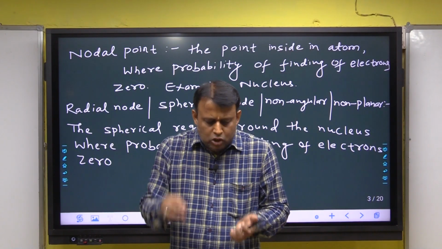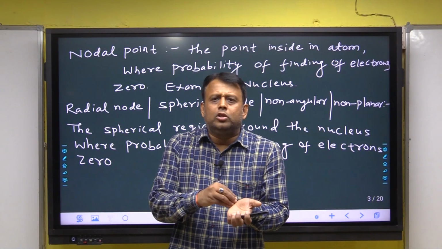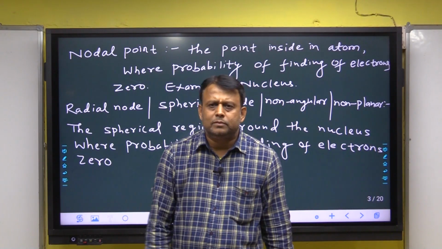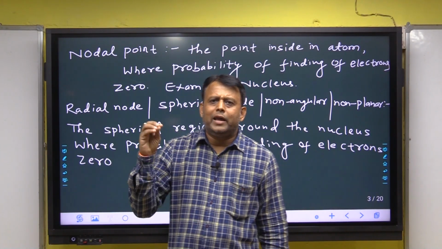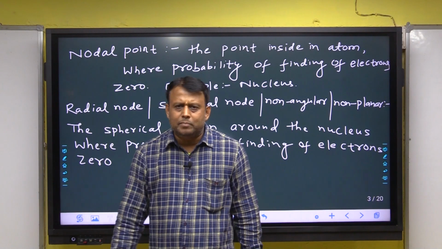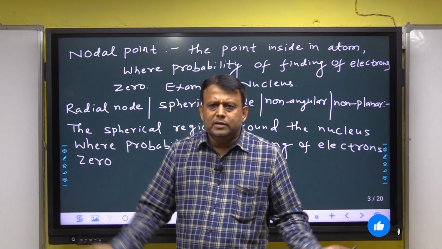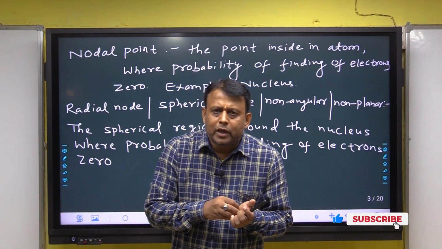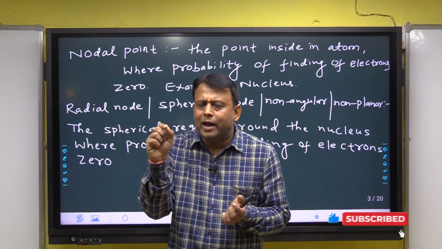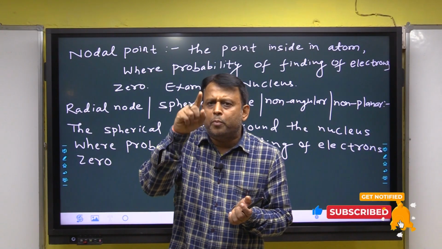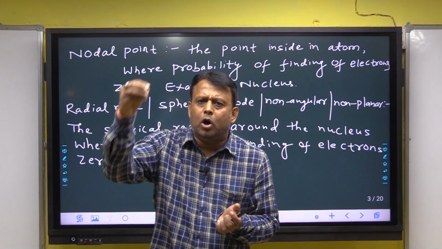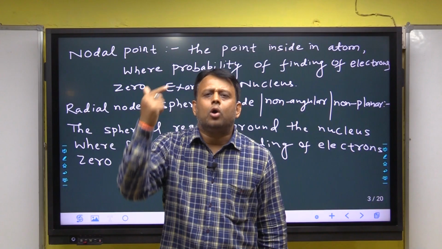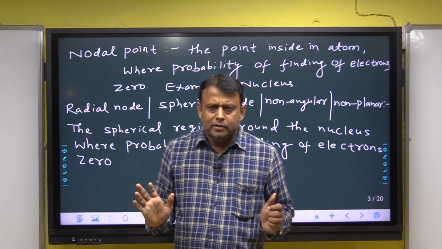And we know that the nucleus contains the protons and neutrons, and electrons move around the nucleus in different circular, elliptical, and three-dimensional paths called orbit, suborbit, orbital. That is, the nucleus does not contain electrons. In the nucleus, the probability of finding an electron is always 0, and hence the nucleus is also called a nodal point.